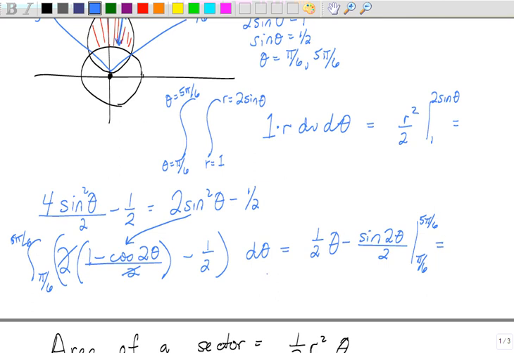Okay, so that's going to be 5 pi over 6 minus pi over 6, which is 2 pi over 3, minus a half sine of 5 pi over 3 minus sine of pi over 3.